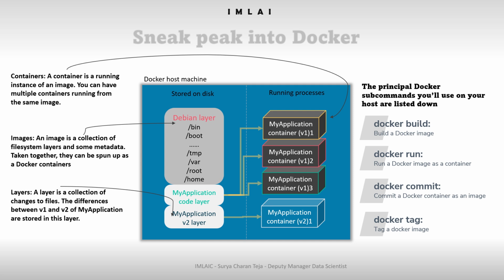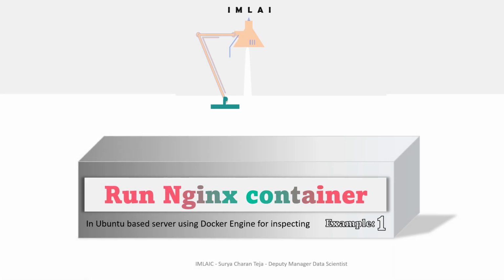So now let's do our first practical real case example. That is running an nginx container. This is example 1, nginx container in an Ubuntu based server using docker engine for inspecting. Let's get into that.